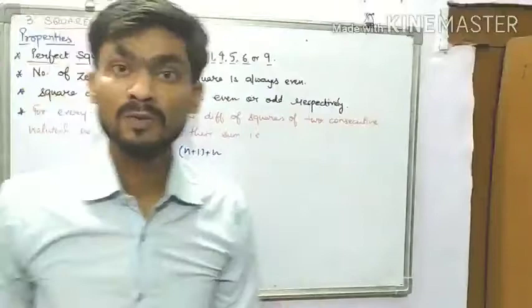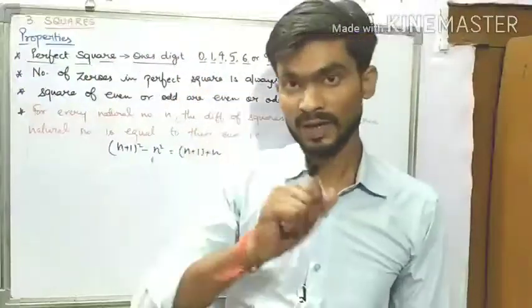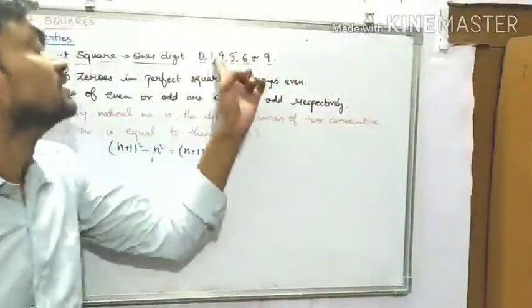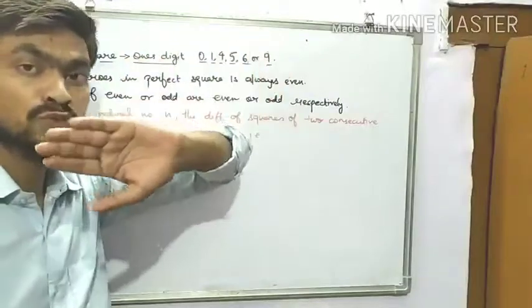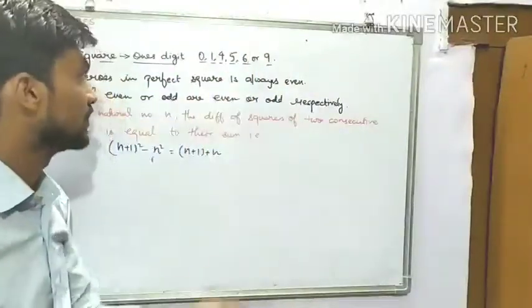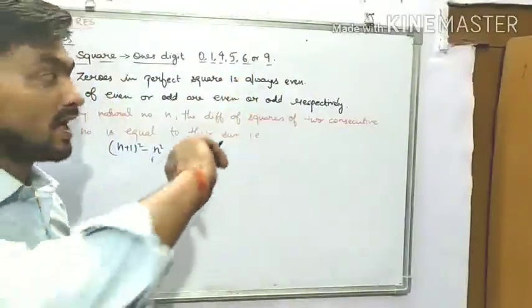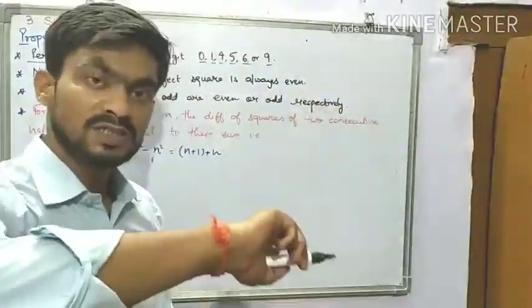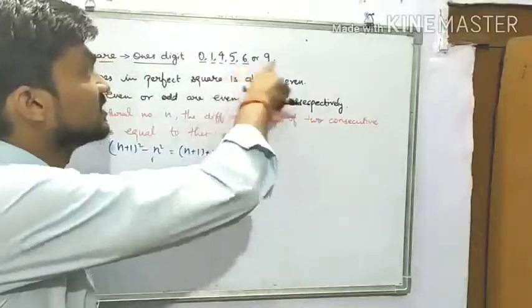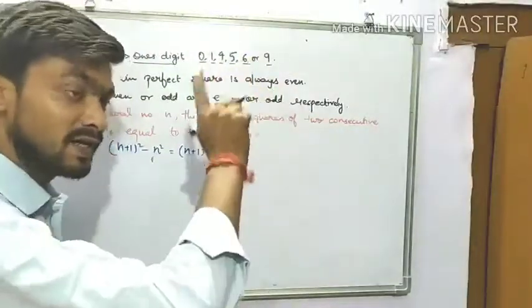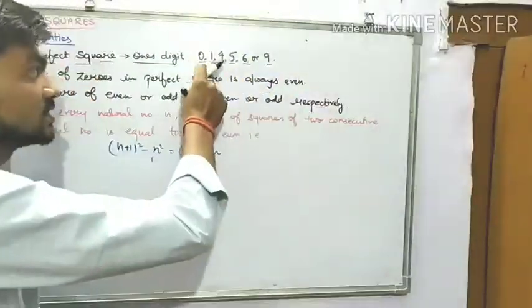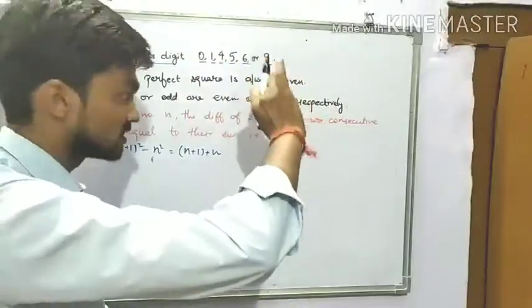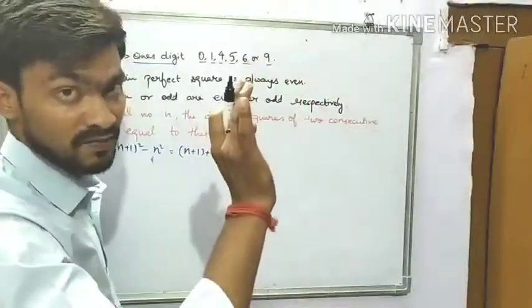Yesterday I wrote 1 to 30, and you might have seen that other than these digits, none appear at the one's place. So this is very important: not every number is a perfect square, but every perfect square will end in these digits.